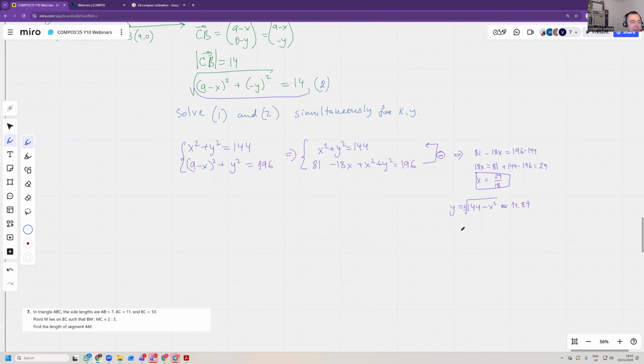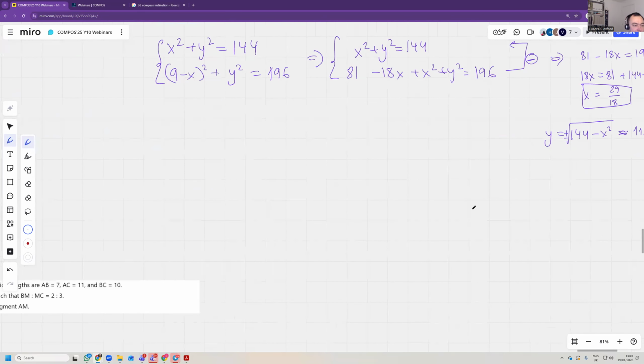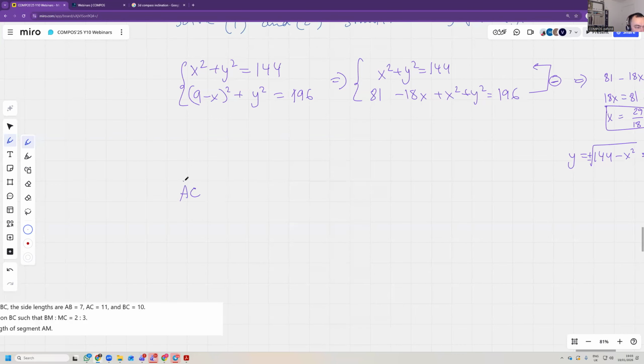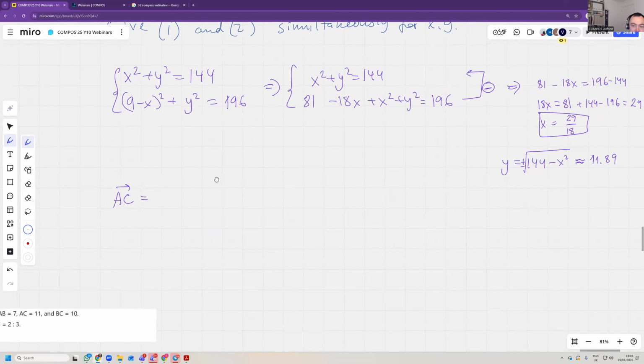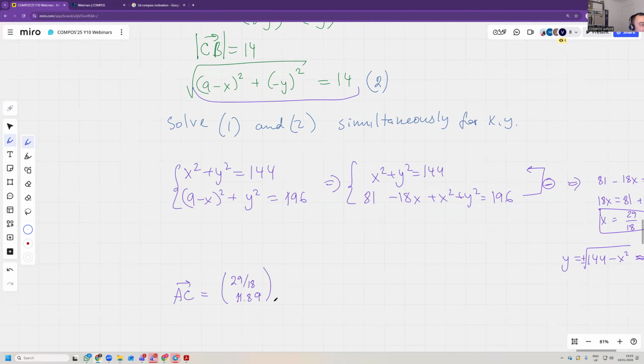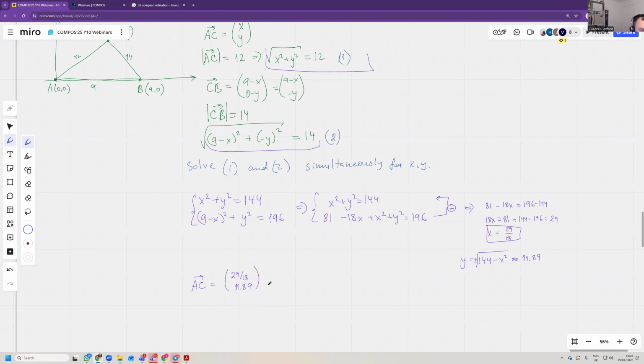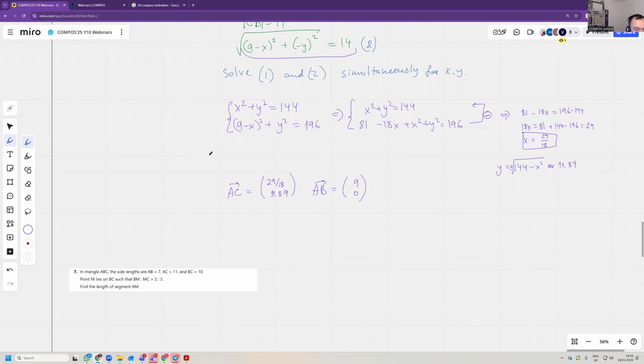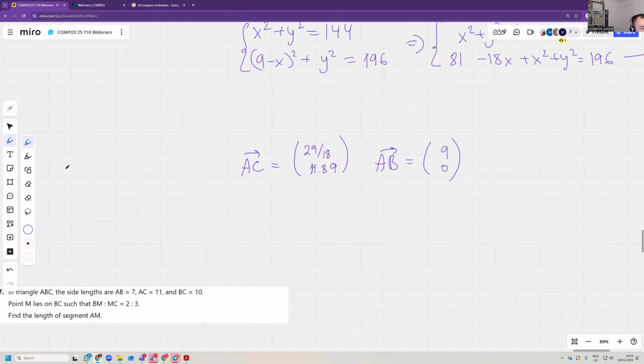Therefore, we found vector AC. We found vector AC, and that's equal to 29/18 and 11.89. And we have vector AB. AB is equal to 9, because it's 9 to the right, 0 up. So we have two vectors, AC and AB.